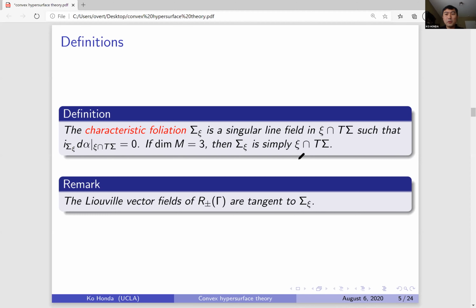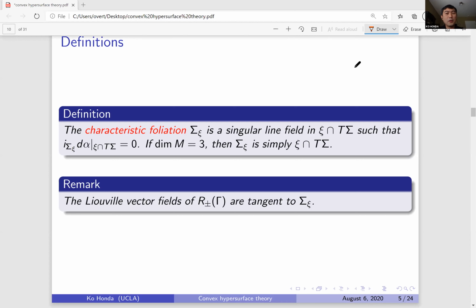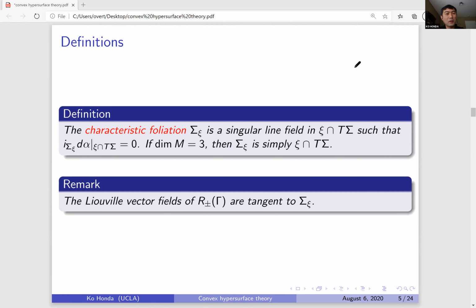The characteristic foliation is a singular line field in C intersect T Sigma such that the interior product of the characteristic foliation with d alpha restricted is equal to 0. This means the following. Remember, you have C and you have Sigma, and generically they intersect in something of dimension 2n minus 1.